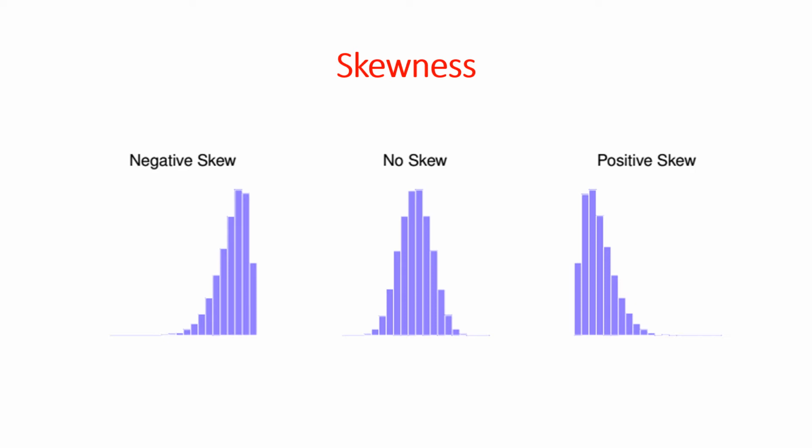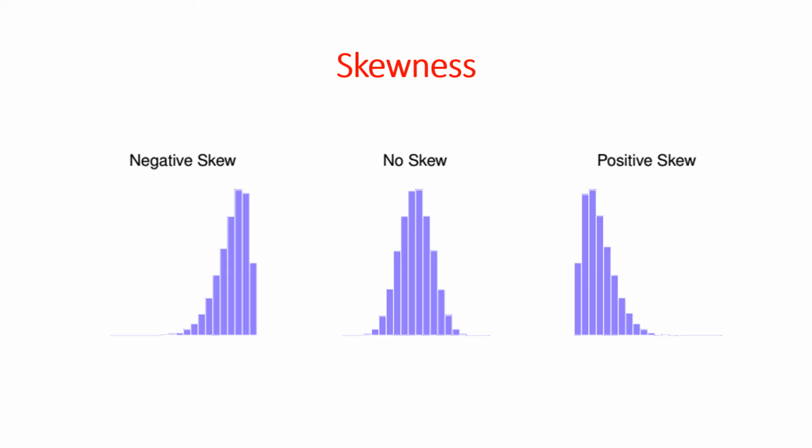On the other hand, we have positively skewed data, which is completely the opposite of the negative skew, where the right-hand side tail is either fatter or longer than the left-hand side one.